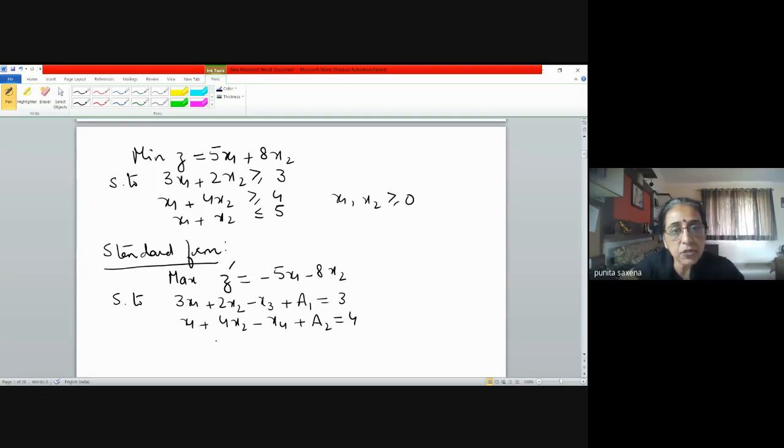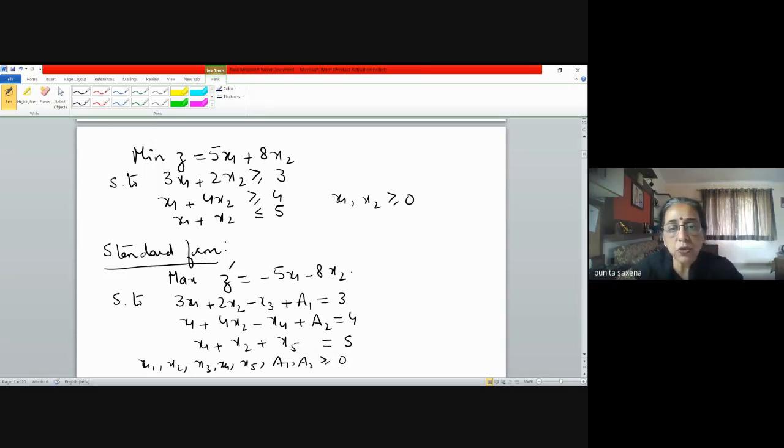But my third constraint is already less than or equal to type, so an artificial is not required there. A slack variable will serve the purpose. So I'll have x1 plus x2 plus x5 equal to 5, where x1, x2, x3, x4, x5, a1, a2 are all more than or equal to 0.